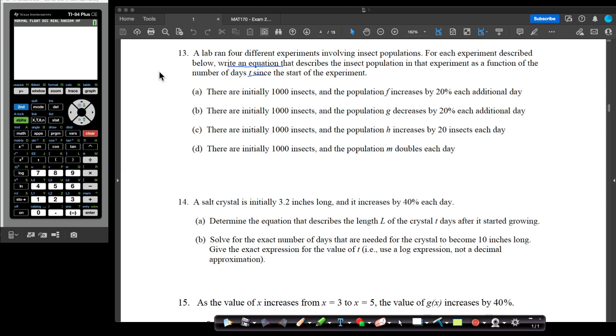So remember, population typically grows exponentially, and we can see 2 of them have percentages, so that would definitely be exponential. This one down here is an amount, which is actually going to be linear growth.